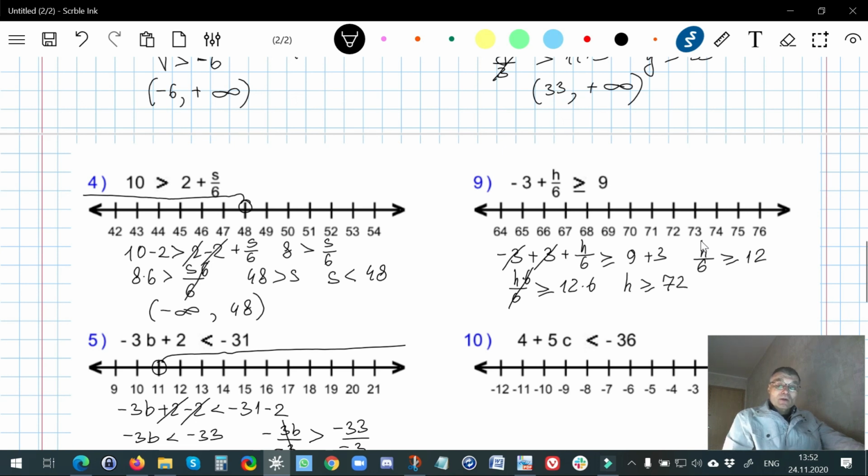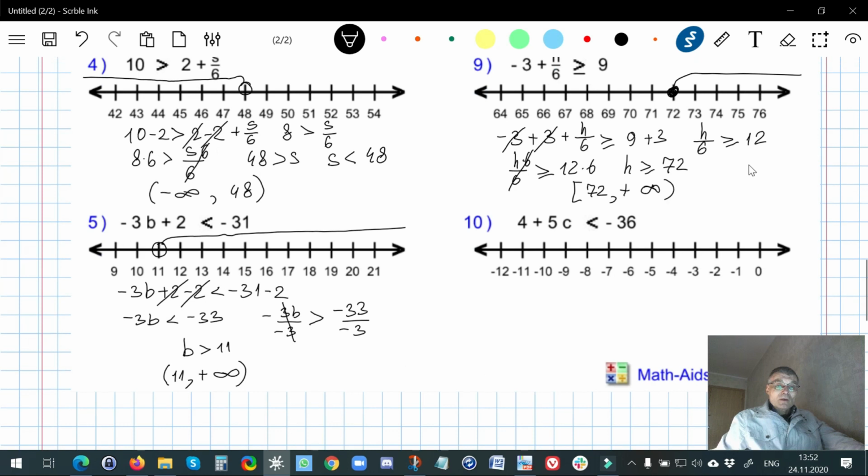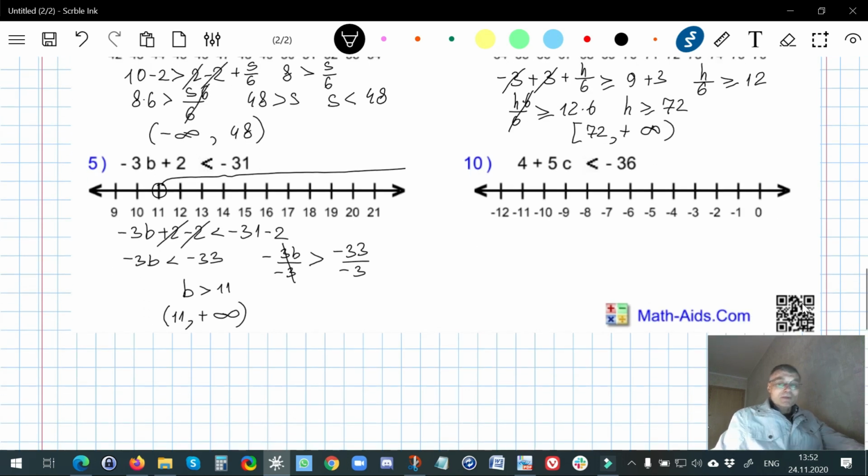My interval notation would be starting from 72 and increasing it to positive infinity. Infinity is a little bit crooked, but it will do. And here we go like that. And the last one, but not the least.